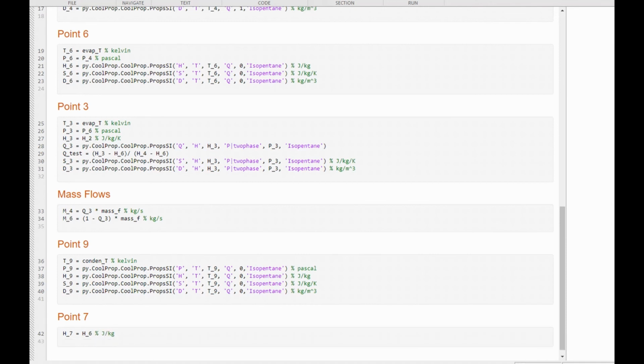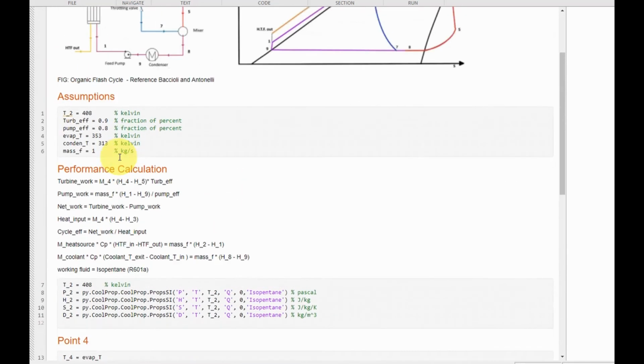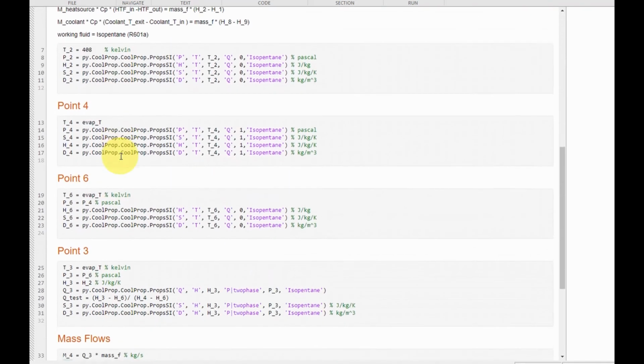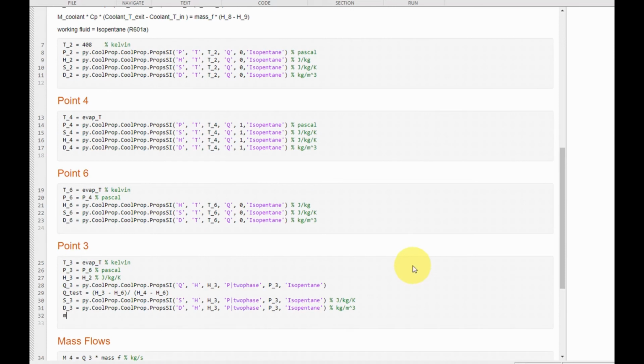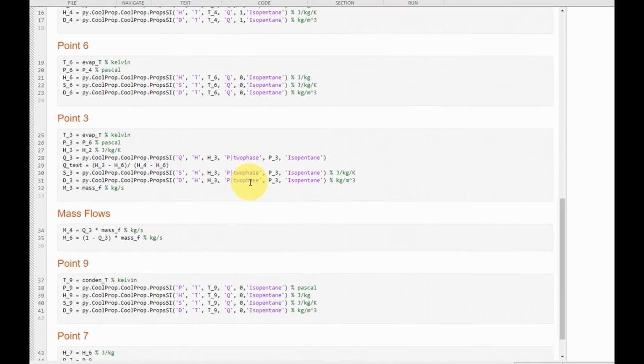And then now we know that P_7 is the same as the pressure at point 9. And again, the mass flow at point 7 is the same as the mass flow at point 6 here. So we need to specify the mass flow. The mass flow at point 3, M_3, is equal to this, and the unit is in kilogram per second. We've already specified our M6.